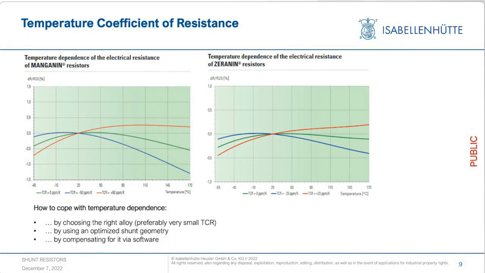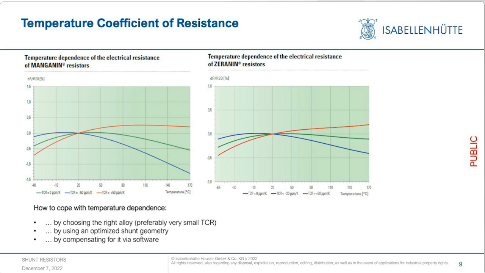But let's have a detailed view on the temperature behavior of a resistor. It's important to understand that the TCR is not a linear function of temperature. I show two graphs here, one for the manganin built resistors and the other one for resistors built out of zeranin.